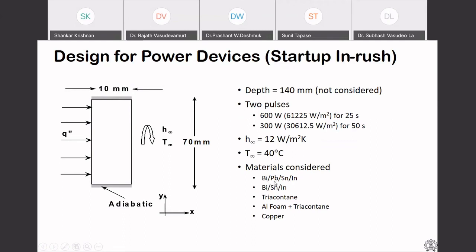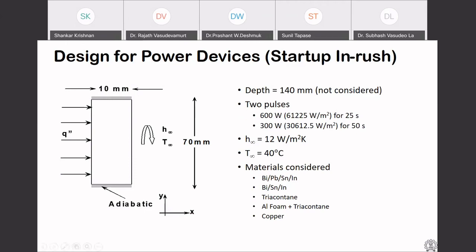However, lead is banned, so we investigated bismuth, tin, and then there was a paraffin, an organic phase. These are metallic alloys. The third is a paraffin, which is triacontane, which has very low thermal conductivity; paraffins or organic materials have very low thermal conductivity. I'll show the properties in the next slide.